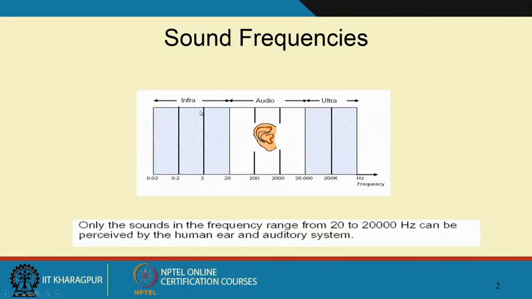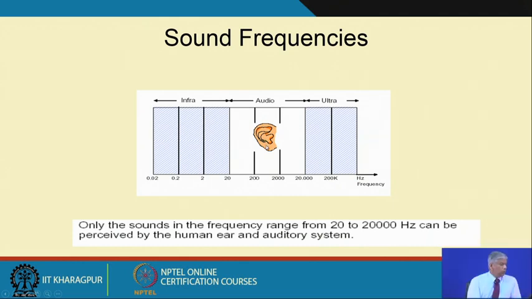So, as you see here, the frequencies which human beings hear are from 20 hertz to 20,000 hertz. Beyond 20,000 hertz we have ultrasonic noise, and below 20 hertz we have infrasonic noise. But as you will realize, God has made our ears, and our ear is highly nonlinear. It is not a linear instrument.